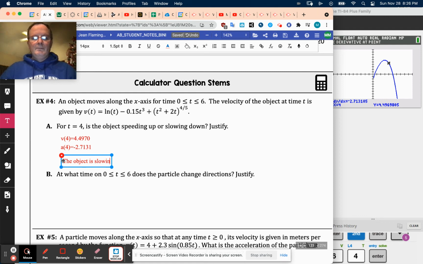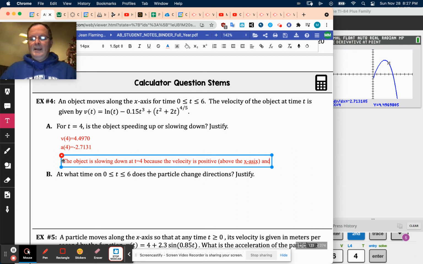So the object is slowing down at t equals 4 because, see it, the velocity is positive, above the x-axis. And acceleration, slope, is negative.